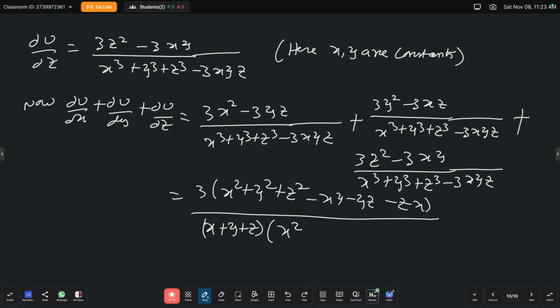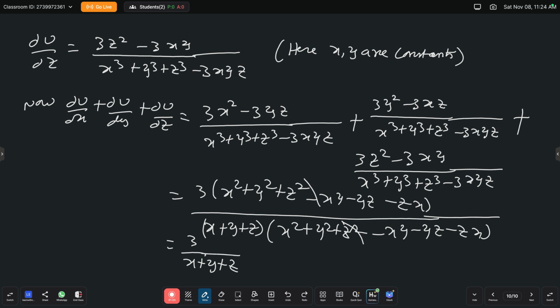Now we can get (x square plus y square plus z square minus xy minus yz minus zx). Okay, the numerator and denominator will be cancelled. Now we can get the value 3 by (x plus y plus z). So that is equation 1.